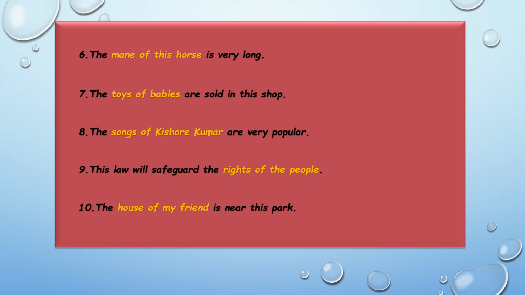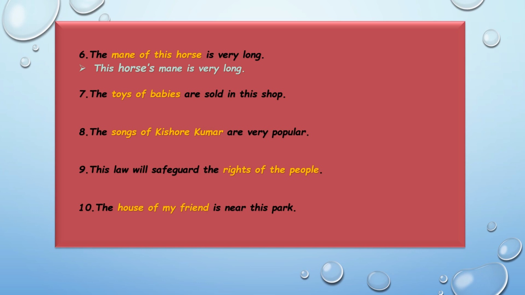Now number 6. The mane of this horse is very long. Again, this horse is a singular noun that does not end in S. So we will add apostrophe S and form the sentence: This horse's mane is very long. Number 7. The toys of babies are sold in this shop.